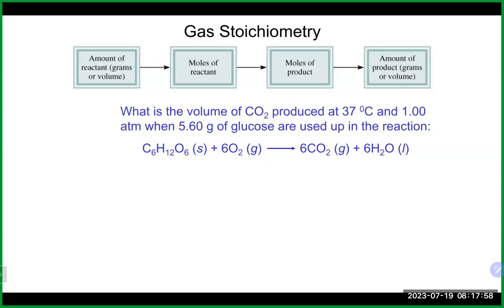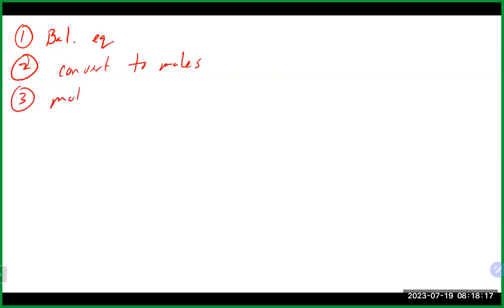You will have those same four steps: you'll want to balance the equation. You want to convert to moles. You'll want to do the mole to mole relationship from the equation, which is really the stoichiometry part. And then you want to take those moles to some other unit.